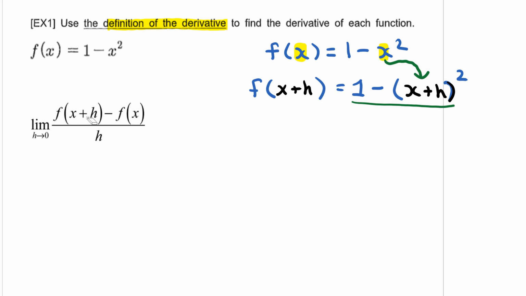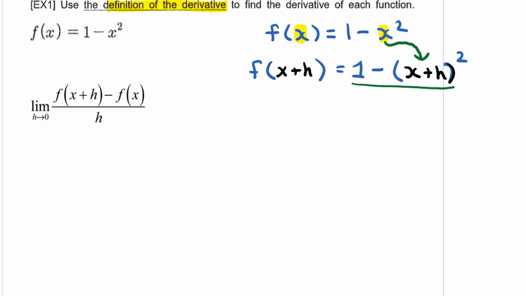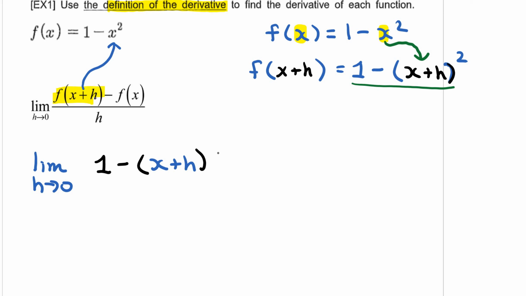Let's go ahead and finish off the rest of the problem here. Let's start off by writing out the limit as h goes to 0. We want to deal with this part right here, and essentially we're taking this x plus h and plugging that into the original function. So we get 1 minus bracket x plus h, close the bracket, squared, and then we have a minus sign, because we're minusing the original function, which is f of x, right?